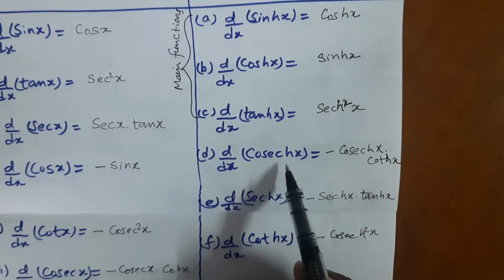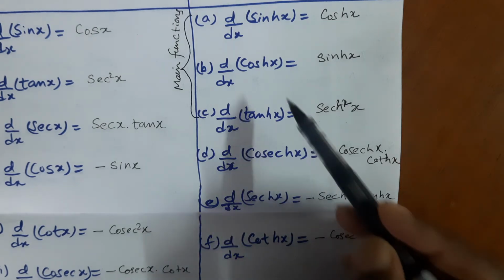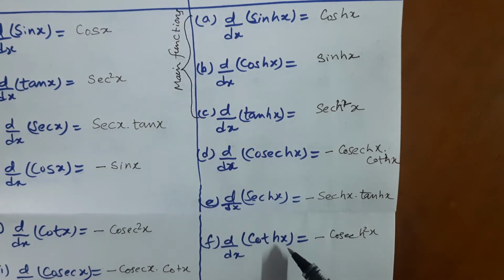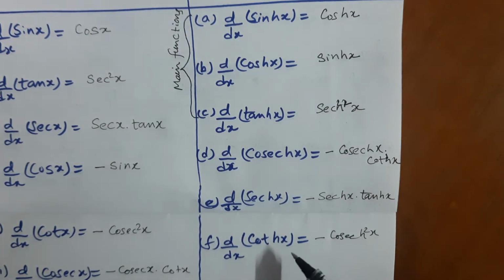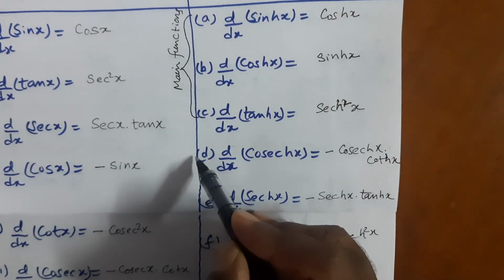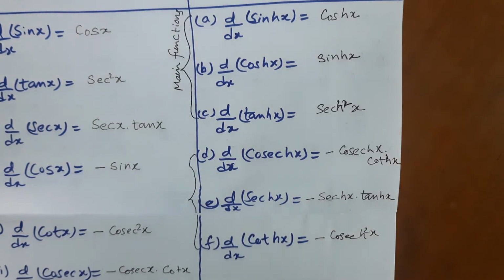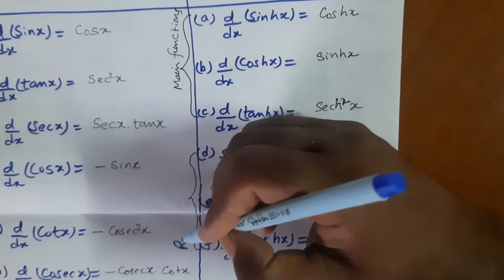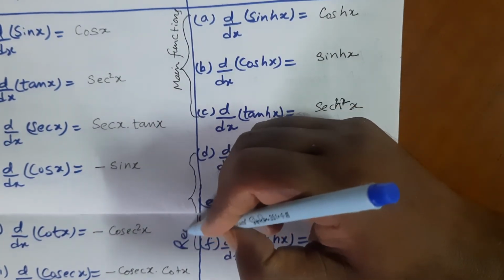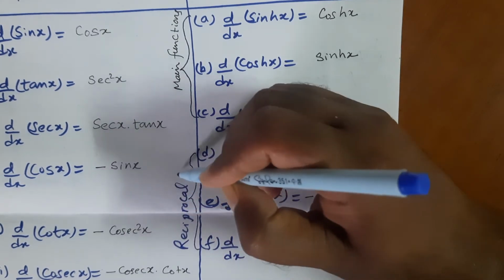As you know that cosec is the reciprocal of sine, sec is the reciprocal of cos, and cot is the reciprocal of tan. So now these D, E, F are the reciprocal functions.